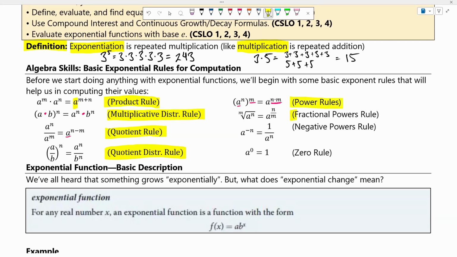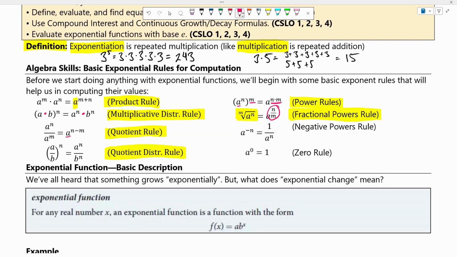Okay, next one. Fractional powers rule. If you have something that has a weird square root thing, there's more than just one type of square root. You can have a cube root, a fourth root, a fifth root. If you can write it this way, that is equivalent to a fractional power.